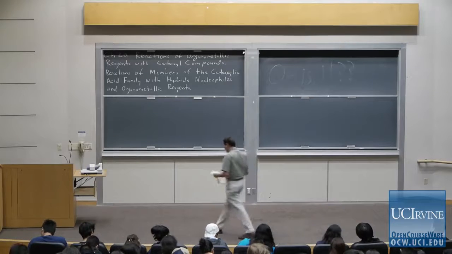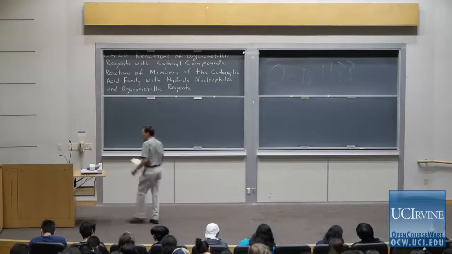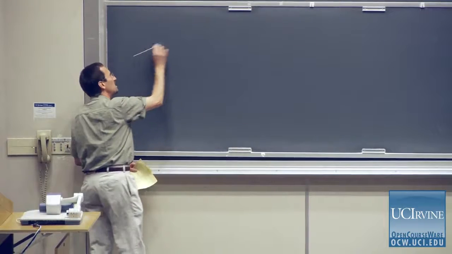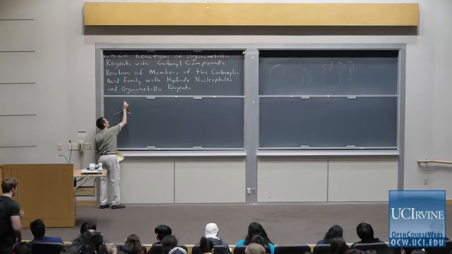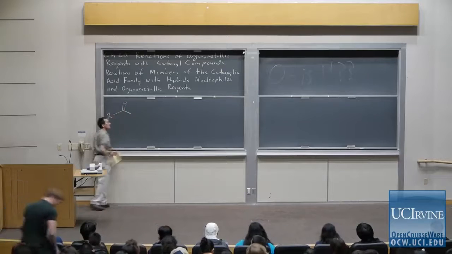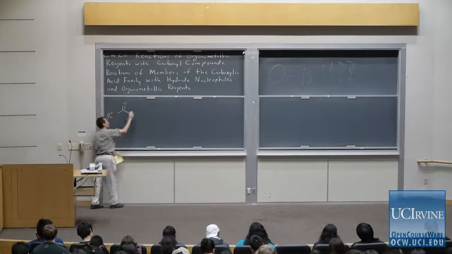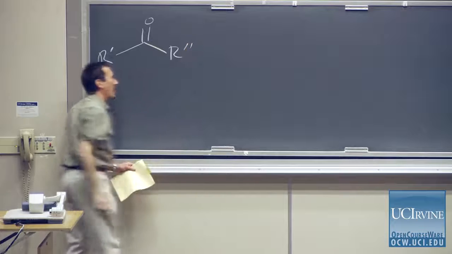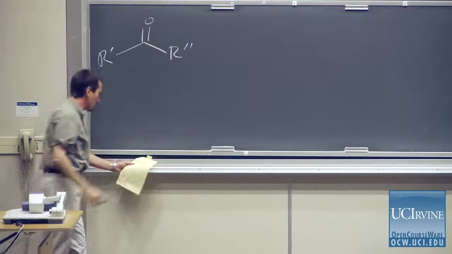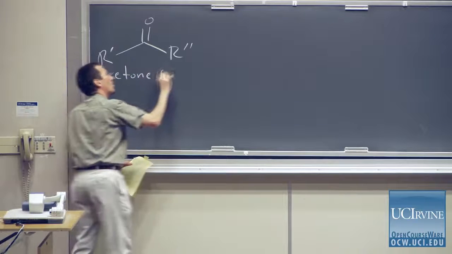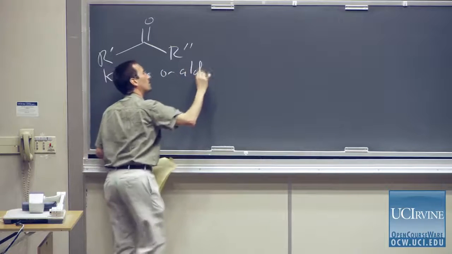So when we were talking last time, we talked about hydride reagents with ketones and aldehydes. Generically, if we have some ketone or aldehyde, I'll write it generically, just showing R groups that could be alkyl, that could be aromatic, that could be hydrogen.